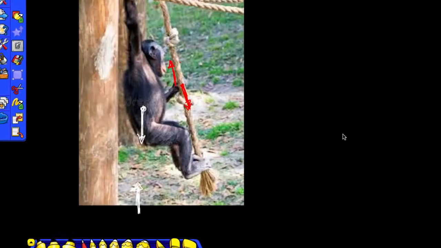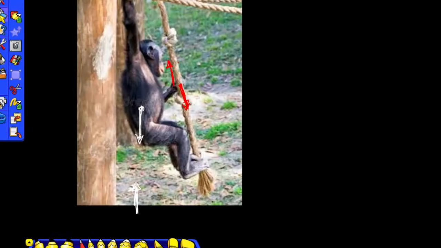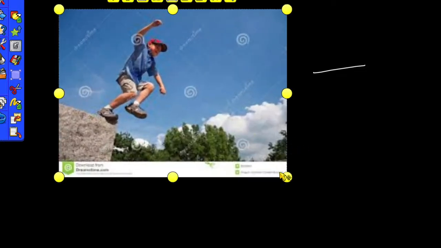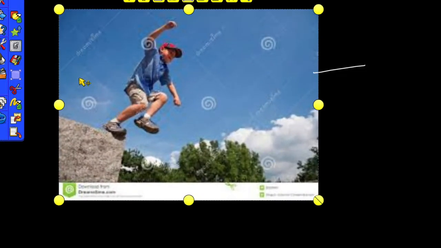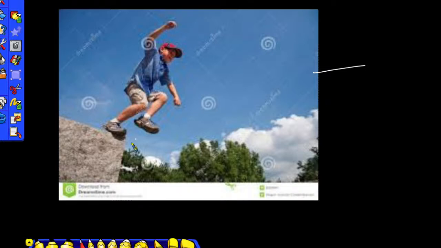So I will show the practical situation. A boy leaps. You have to analyze practically. So I am trying to get the practical answers for this. So this is the situation.